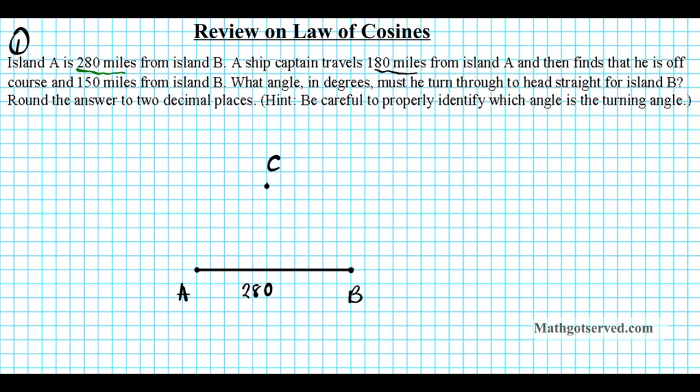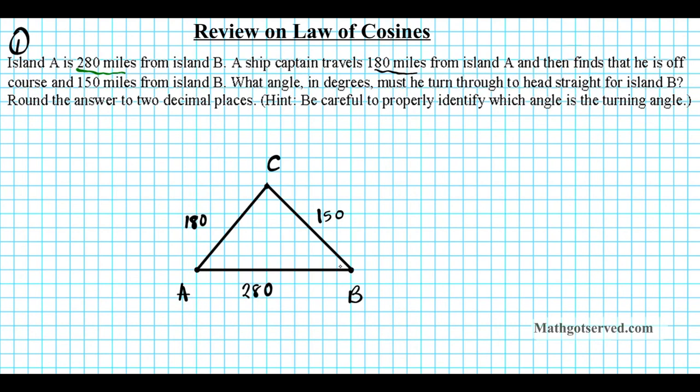Okay, now we can create a triangle like this. So he traveled 180 miles before he realized that he's off course, and he found out that he's off course by 150 miles. So 150 miles is how many miles he is away from his destination.